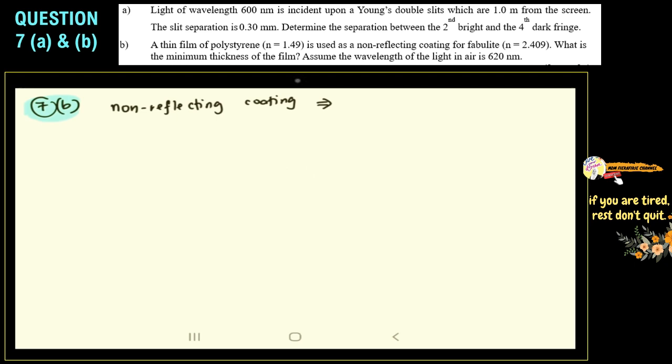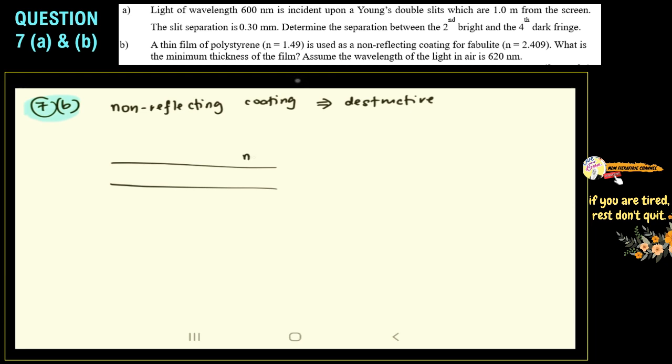So we have fibulite, and this is a non-reflecting coating, so this refers to destructive interference. We use this thin film to create the condition of non-reflecting coating. Can? Alright, okay. So let's draw the layer.